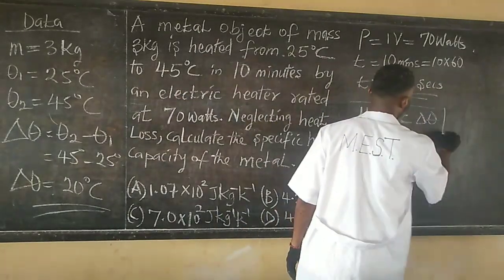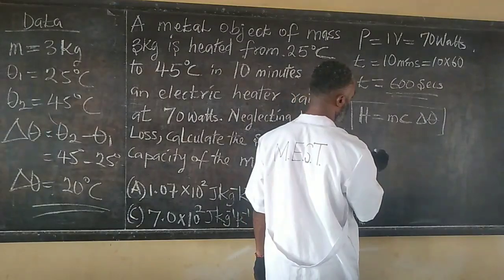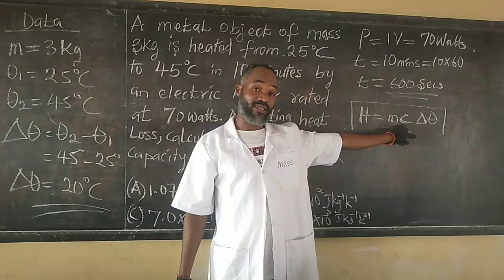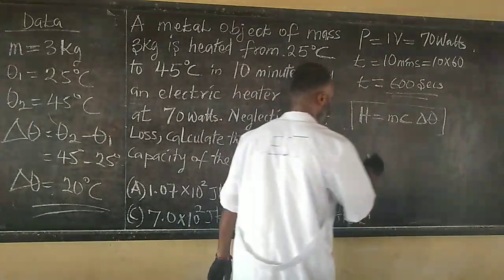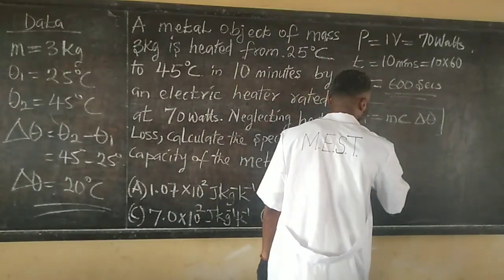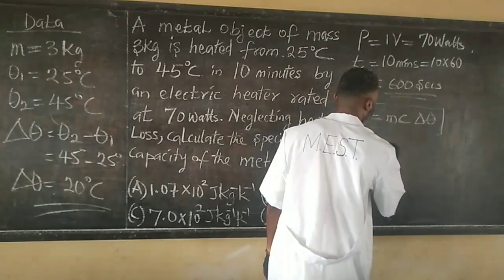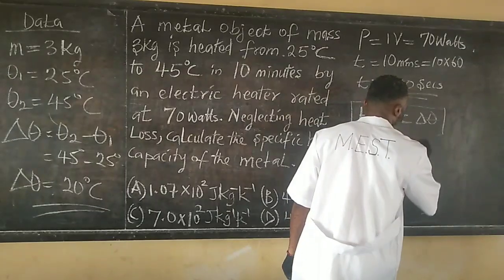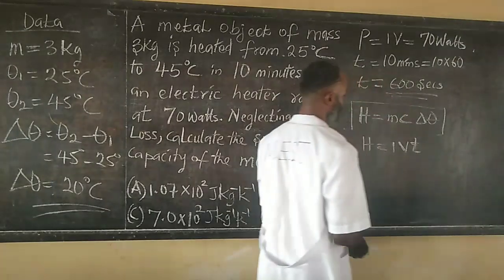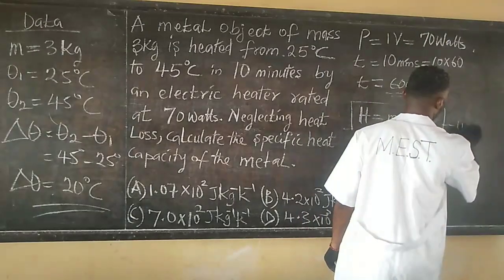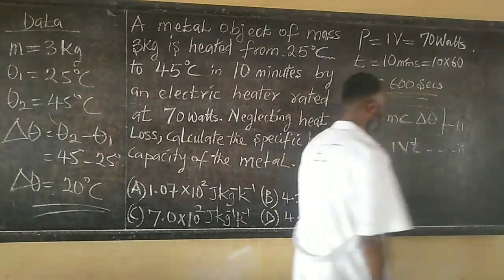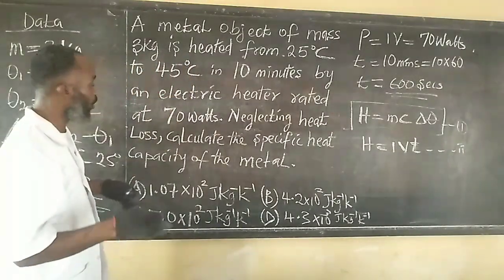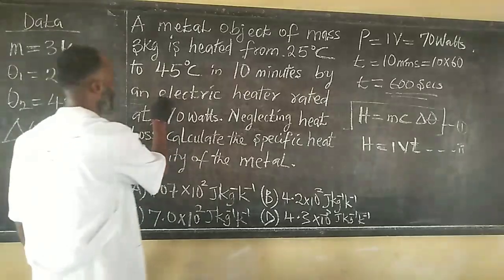So when we have this, we are looking for specific heat capacity C. That's what we're looking for. We can now say that H is equal to IVT. We can use this as equation number 1 and this as equation number 2. We're talking about heat, so what is supplying the heat here is the electric heater.